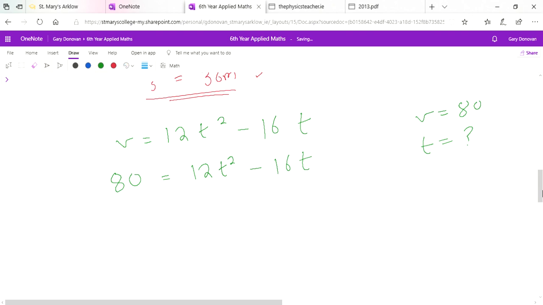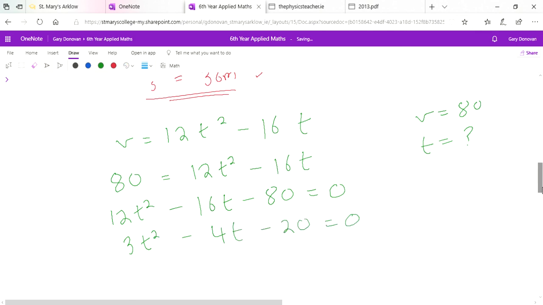This is obviously a quadratic equation, so just rearrange it: 12t squared minus 16t, take away 80 equals 0. Does that divide by anything? Divide by 4: 3t squared minus 4t minus 20 equals 0.